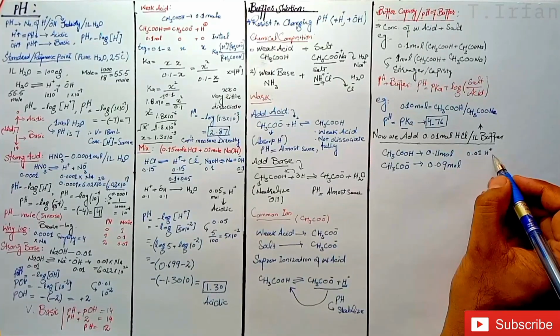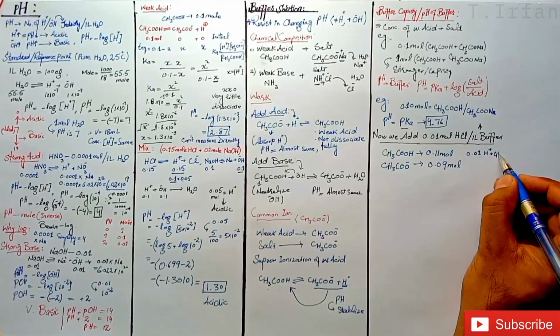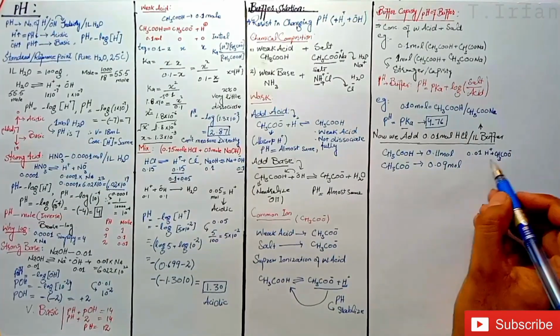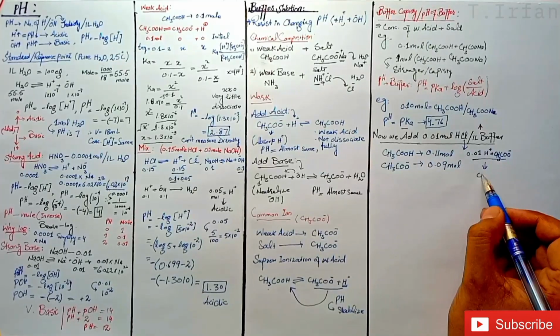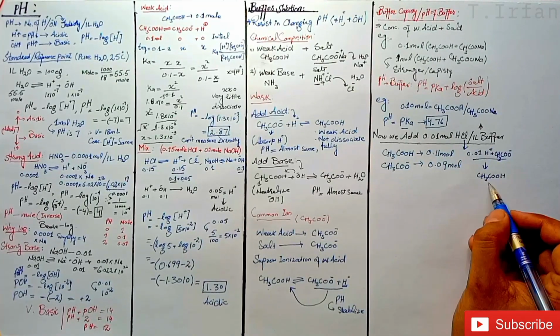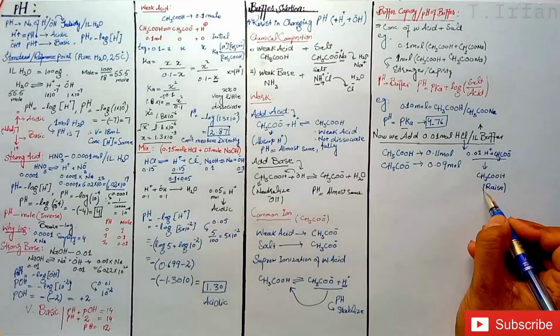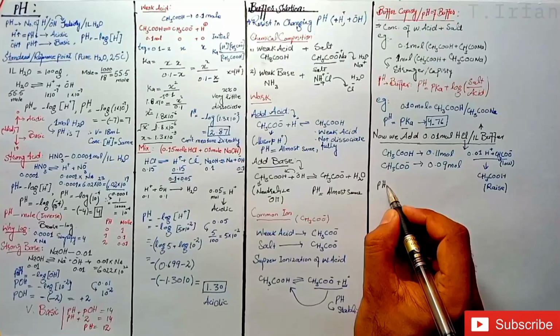And the concentration of the salt changed from 0.1 mole to 0.09 mole. So we say that 0.01 mole of hydrogen ion from hydrochloric acid reacts with acetate ion or salt and forms acetic acid. So the concentration of acetic acid increases and the concentration of acetate ion or salt decreases.